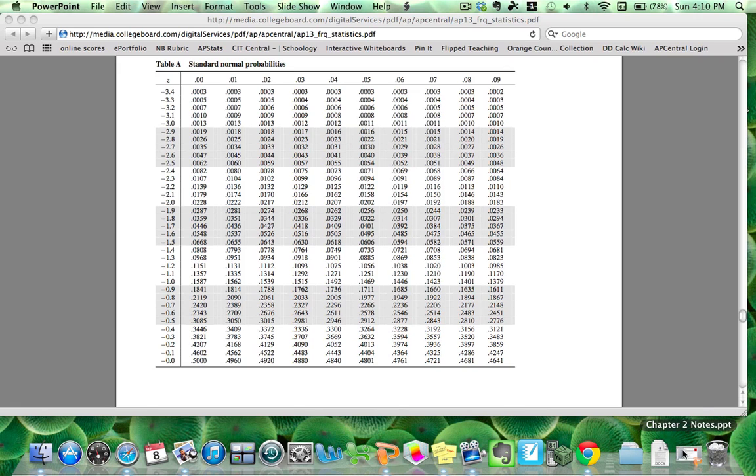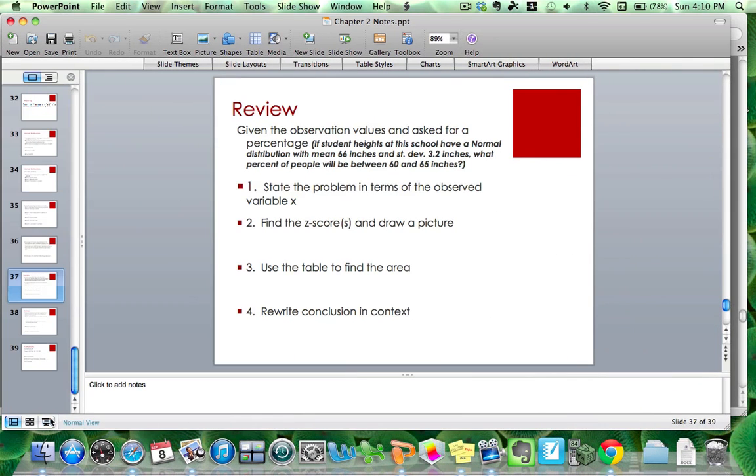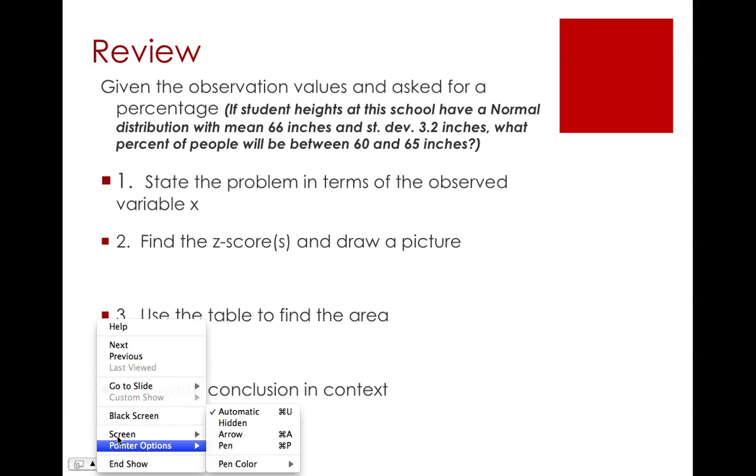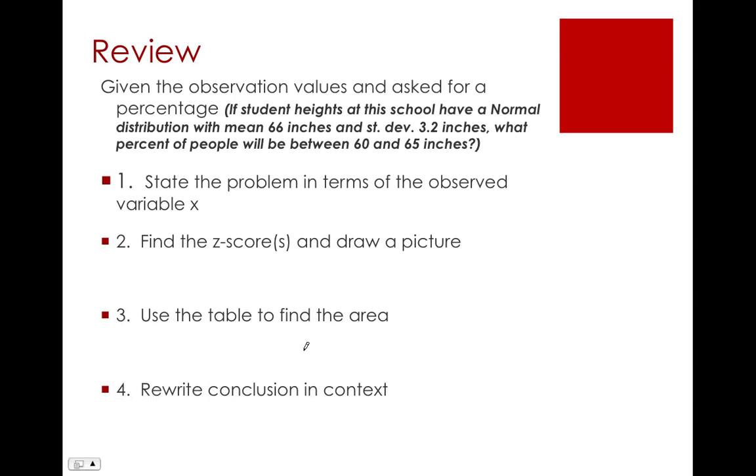And so when I subtract those, I get 0.3783 minus 0.0301, which gives me 0.3482.